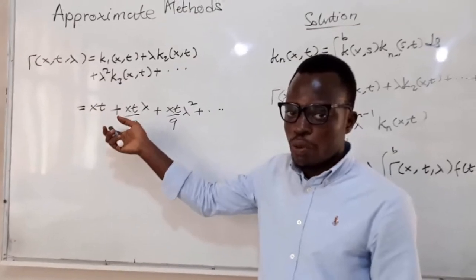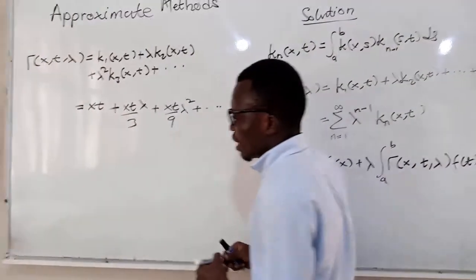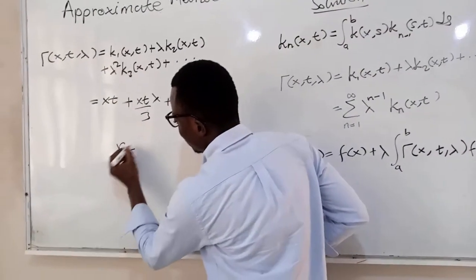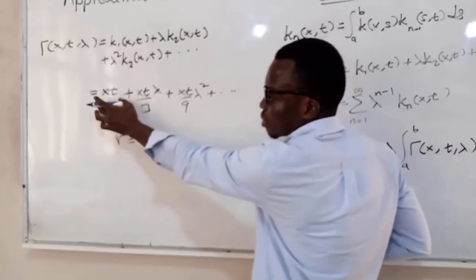The ratio of progression is given as this term divided by this.